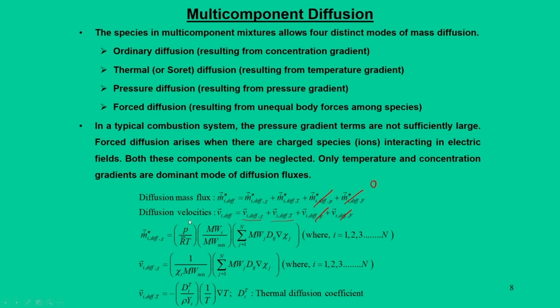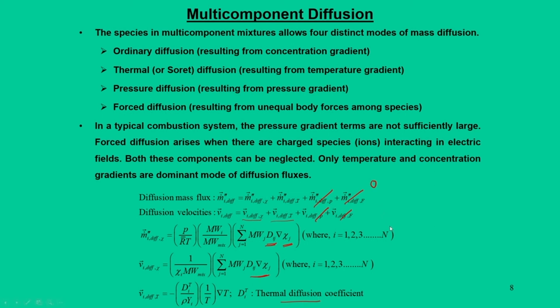And in particular they can be expressed in terms of mixture pressure, temperature, molecular weight of the species, with summation over all these species. So, if you look at this term, the term that is introduced here is Dij, which is the effective diffusion coefficient, and that arises due to this concentration gradient. Similarly, due to this concentration gradient, we have the velocity component of the diffusing species. But while talking about the thermal components, we have a term DiT, which is the thermal diffusion coefficient.